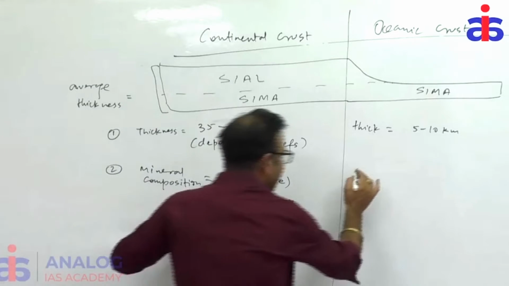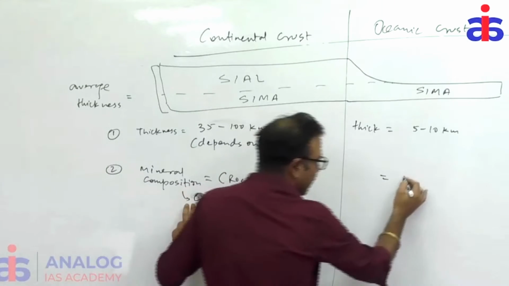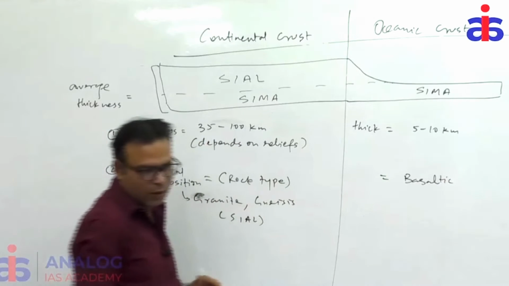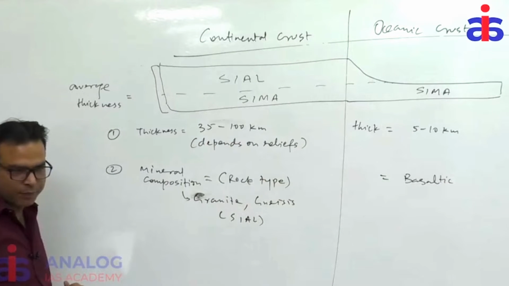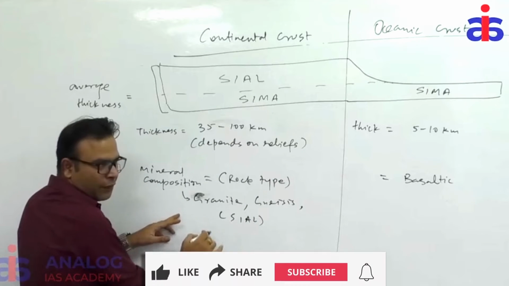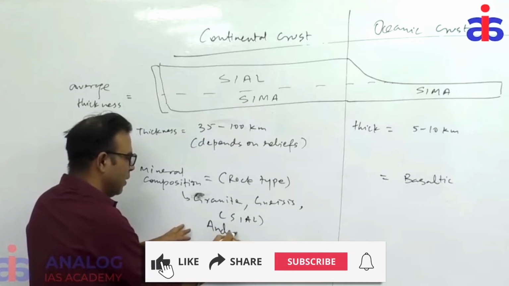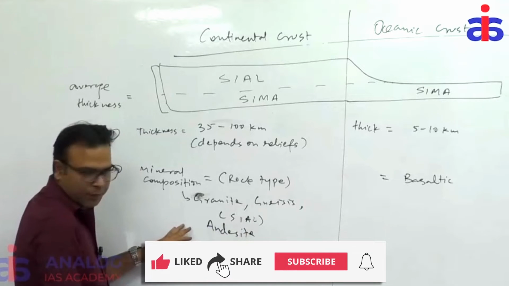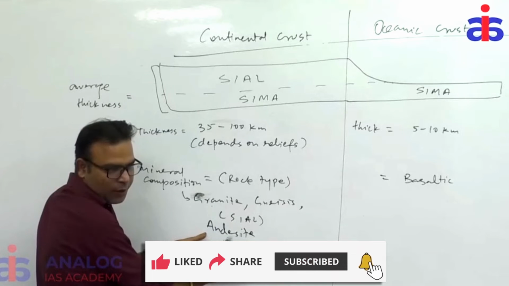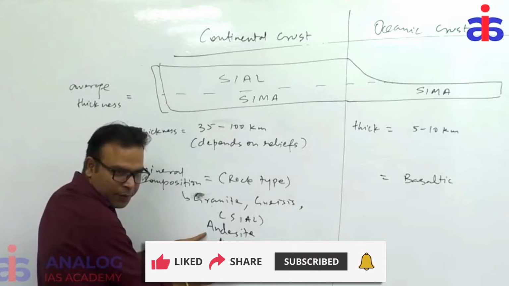Now here, silicates of magnesium, it is made up of which material? Basaltic igneous rocks. Here also the boundaries are made up of andesite rocks. So three major rocks are there. Major rocks are granite and gneiss in the middle. The boundaries of the continent are made up of what?